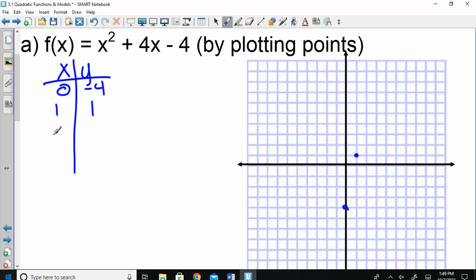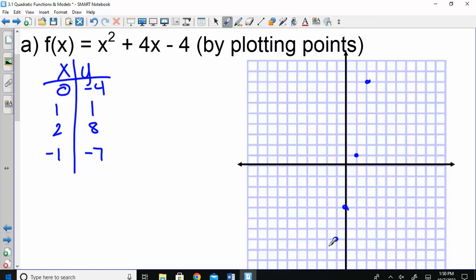What do we want to put in? We put in a 2. So we get 4 plus 8 minus 4, so we get 8. Do I have a parabola yet out of this? What kind of numbers do I need to pick? Negative. So if I put in -1, then I get 1 minus 4 minus 4, which is -7.